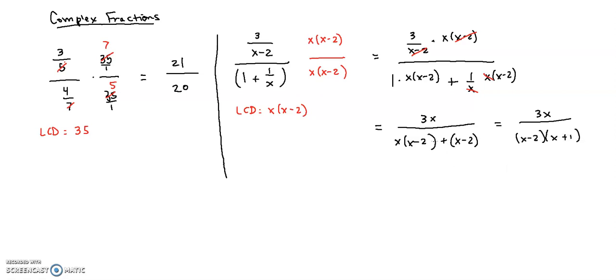If you didn't notice that, then you would still need to multiply this out and try to group like terms and see if it factors. So let's pretend you didn't notice the factor by grouping. You would go ahead and distribute. So you'd have 3x over x squared minus 2x plus x minus 2. That's going to give us 3x over x squared minus x minus 2.